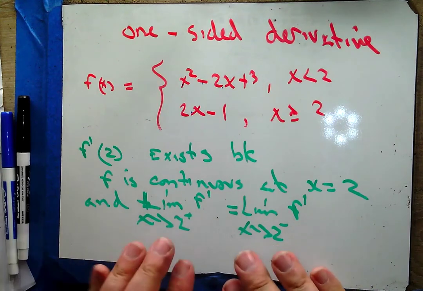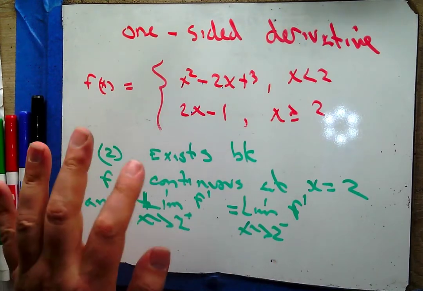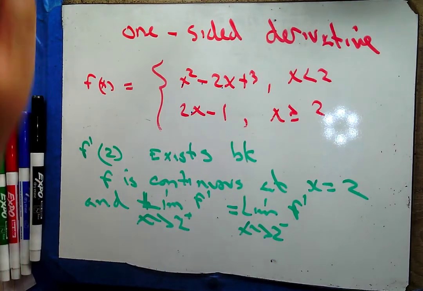We're talking about the limit of the slopes being the same from either side of this point on this function, and we also know that this function has to be continuous.